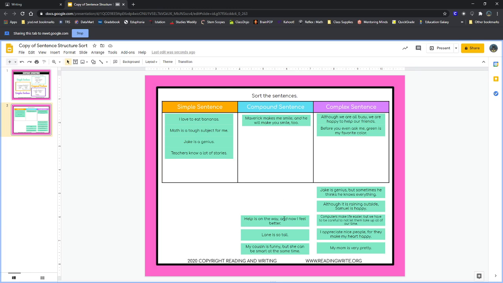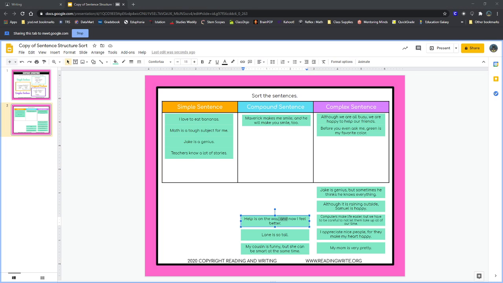This one is another compound. Remember, take a look here. We have two simple sentences. Help is on the way. Now I feel better. And in the middle, to combine them, I have the comma and the conjunction. You're right, it isn't a simple sentence because there is more to it. There's more detail, more information. But remember, look for that comma and the conjunction.